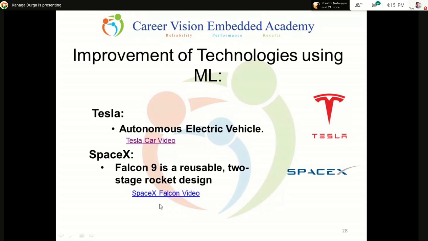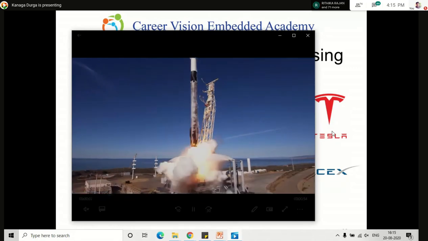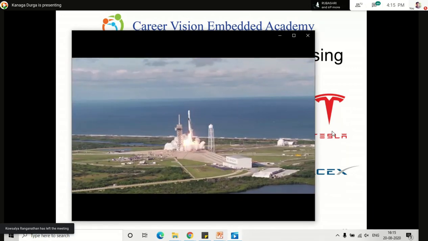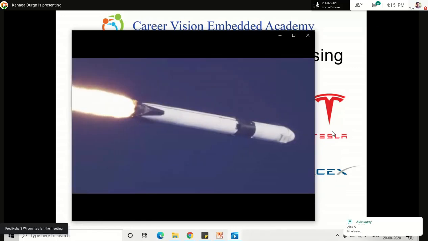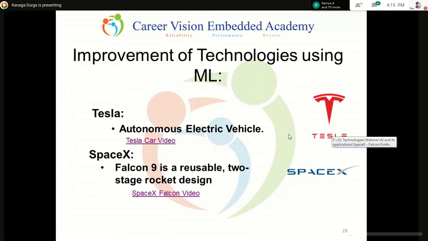Let us now see how the Falcon 9 works. So this is the Falcon 9 rocket, which takes the satellite into space. It's launched. This is a trial run. One second.